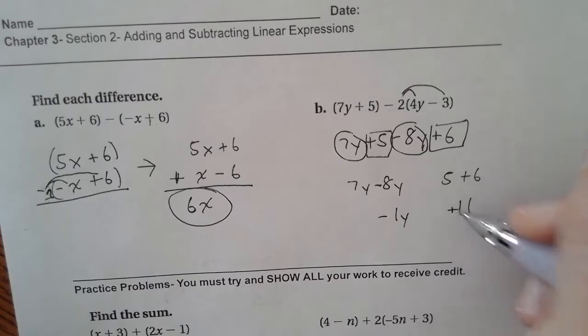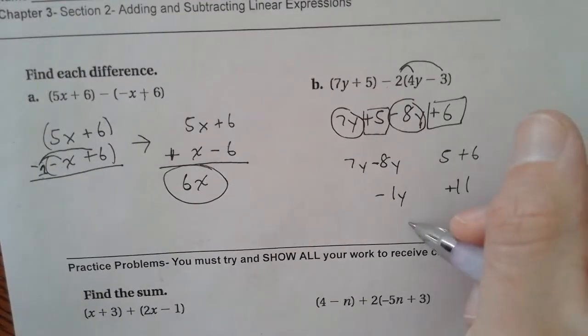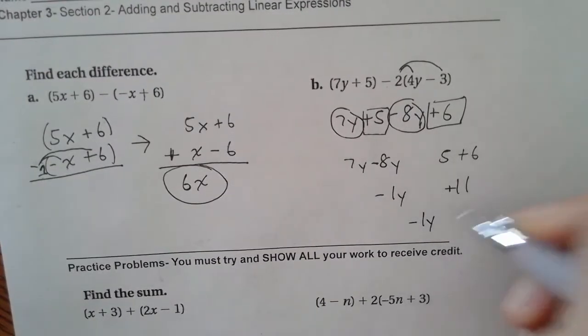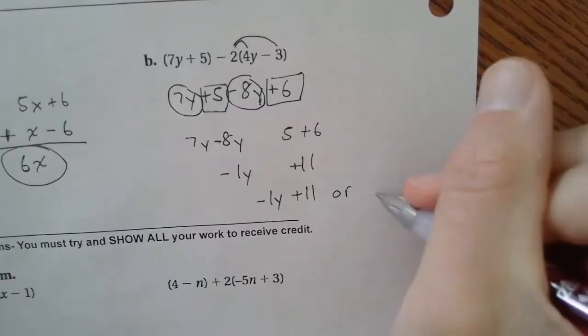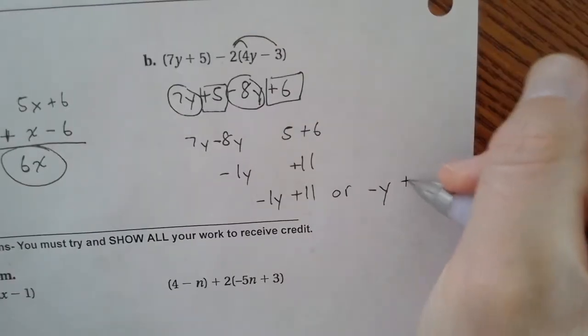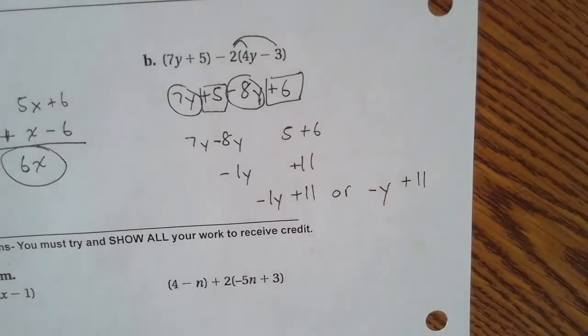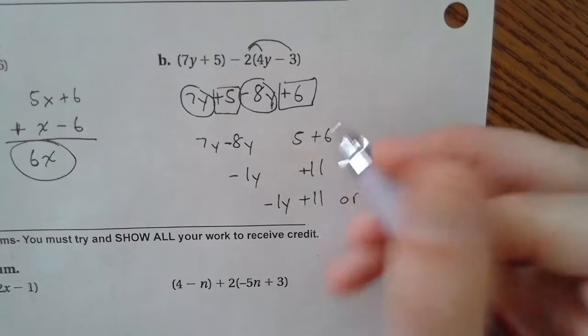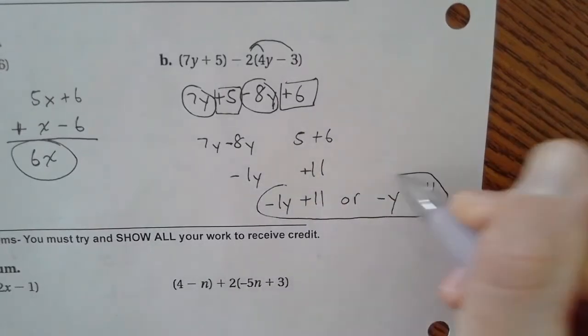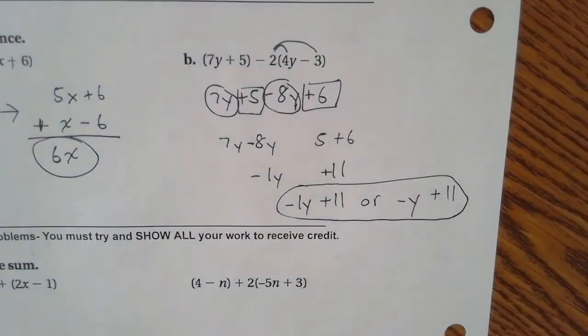That's a positive 11. So I'm going to combine those together. Negative 1y plus 11. Or some of you will just put negative y plus 11. Either one of those would be acceptable. Just notice in either way, your y is negative and my 11 is positive.